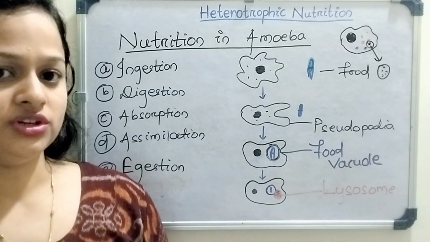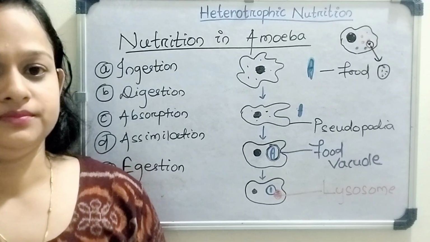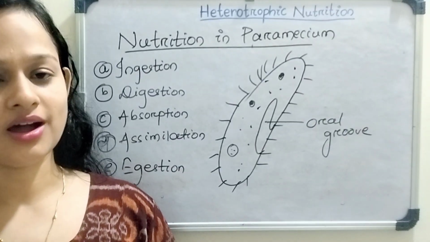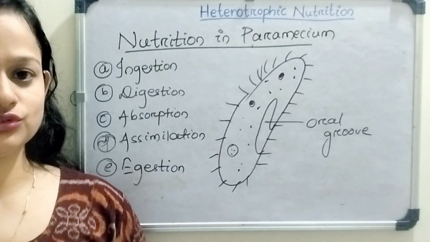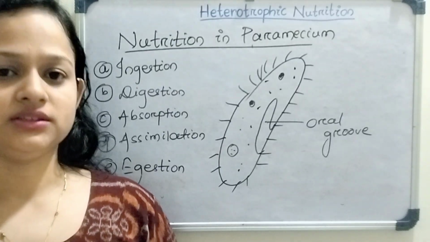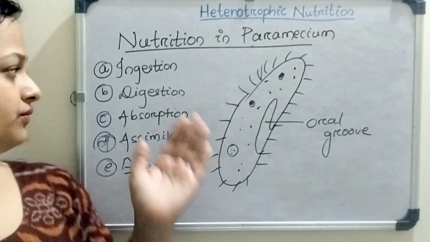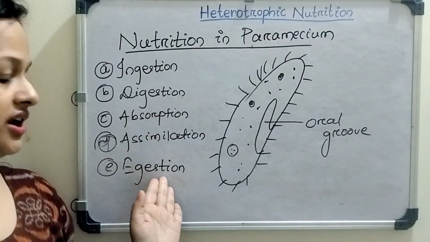Then comes the nutrition in paramecium. As the paramecium has a definite shape, it also has a definite structure for the process of ingestion. In the case of paramecium, the process of nutrition also follows the 5 steps, that is ingestion, digestion, absorption, assimilation and egestion.